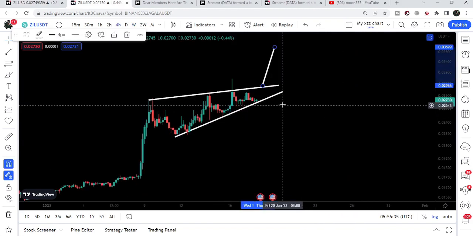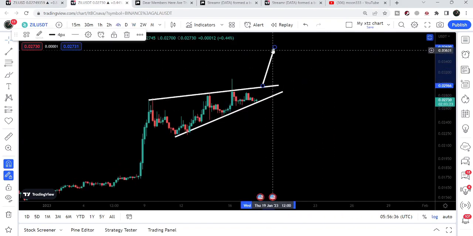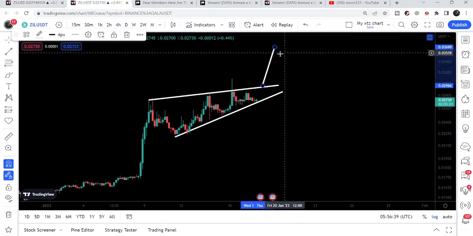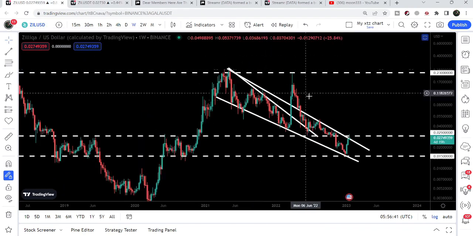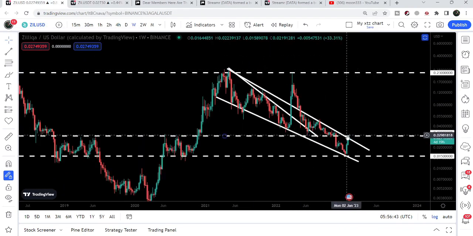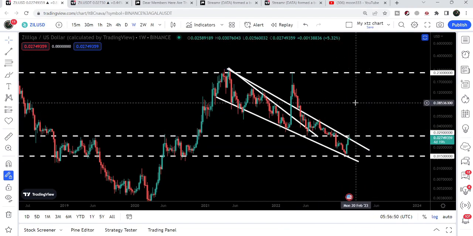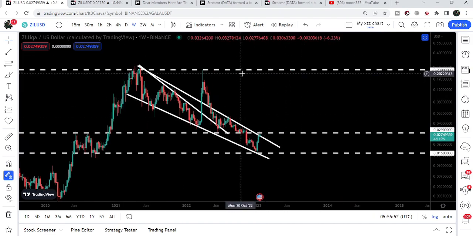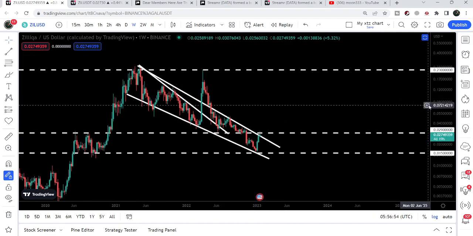In case of breaking out, you can see it is showing us the projection here at 3.699 cents. That is very high from this big resistance of 2.9 cents, and in that situation we can easily break out of this next key resistance as well. The final target for this breakout from this big falling wedge pattern is here at the top of the wedge, approximately at 23 cents.